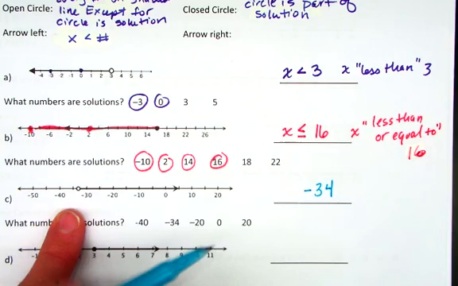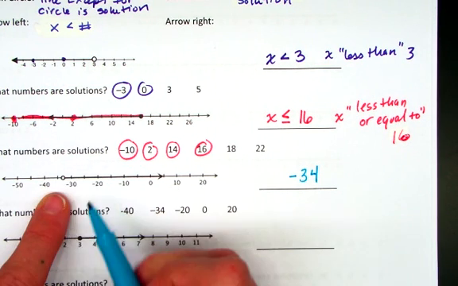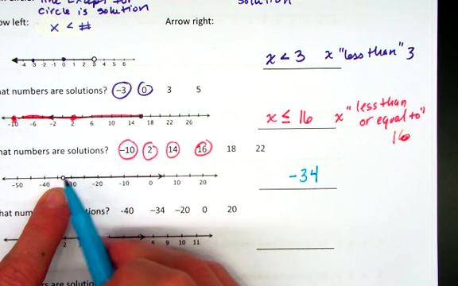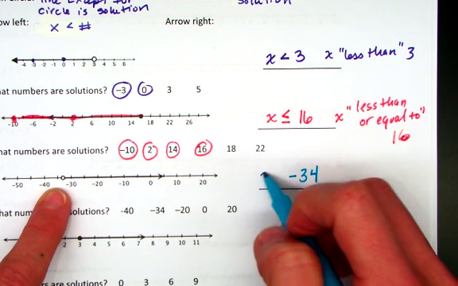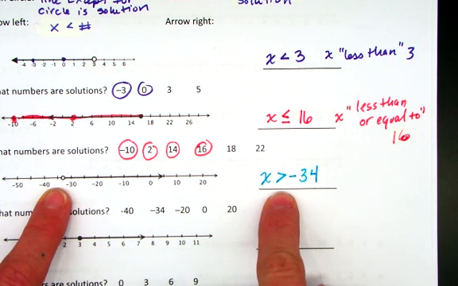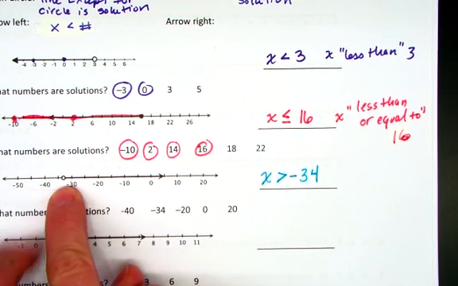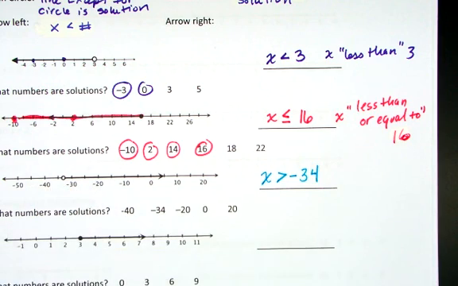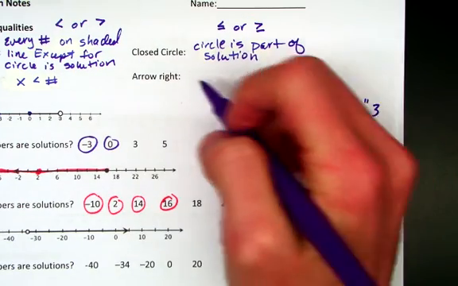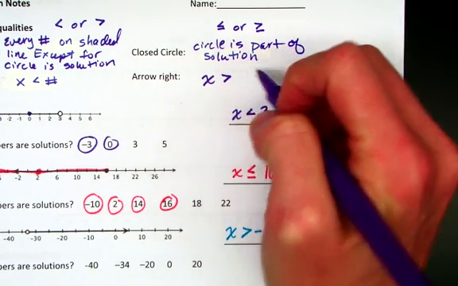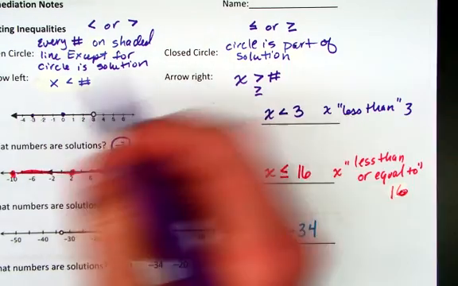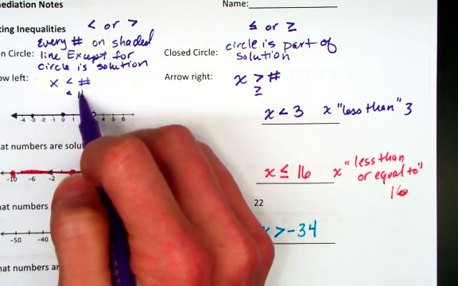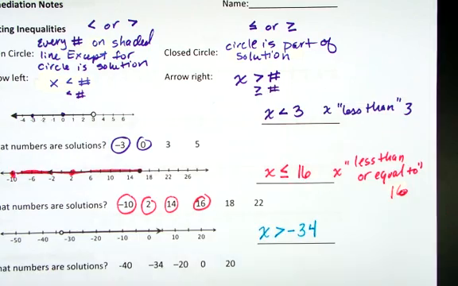And this time my arrow is pointing to the right, which means every x number has to be greater than this position here. So this is going to be x greater than. Now I'm not putting greater than or equal to because it's an open circle. So an arrow to the right would be x is greater than a number. Or like I said, greater than or equal to, where this could also be less than some number.